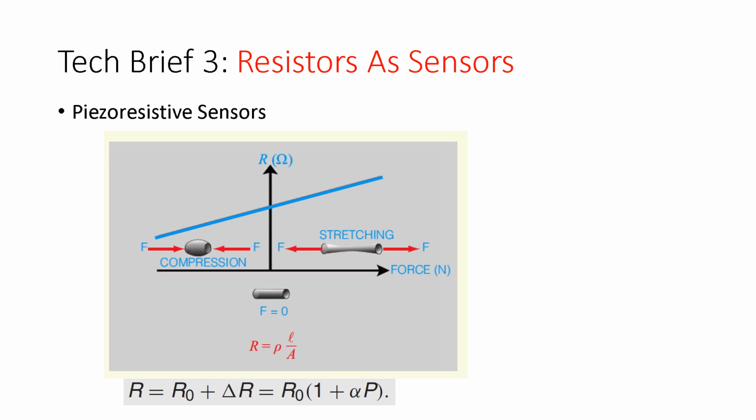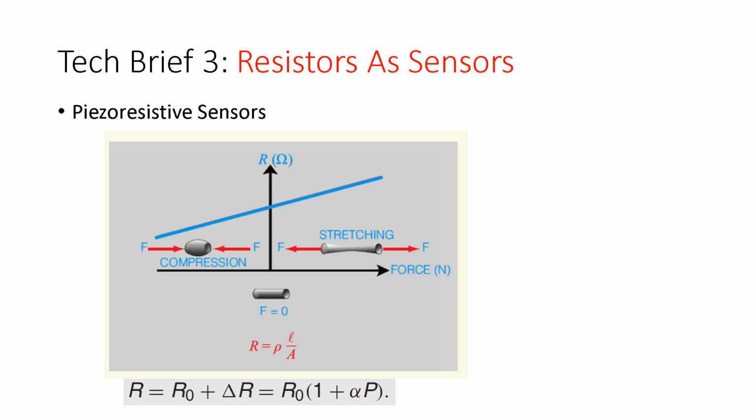That change in resistance, R plus the change in R. So this is going to come into a practical example here where we're looking at piezoresistive sensors. Essentially, you can think of this from a conceptual idea too.